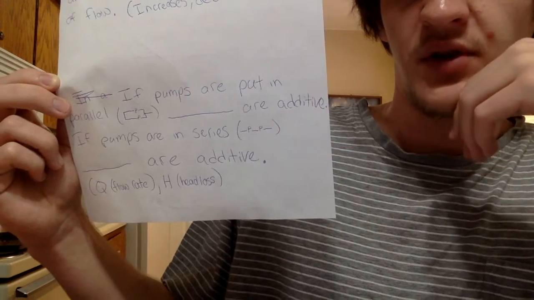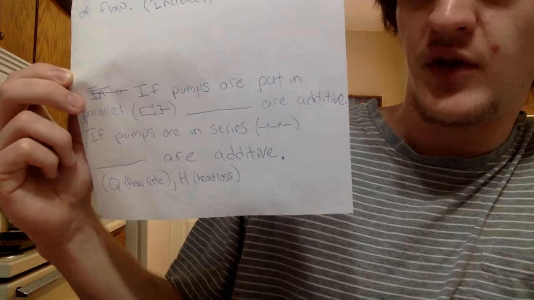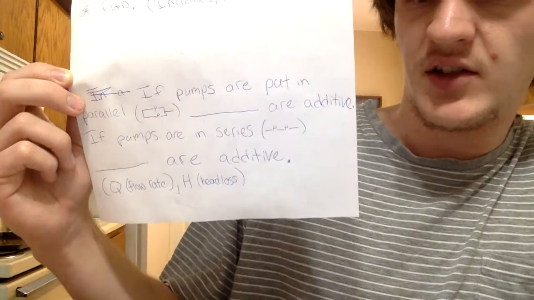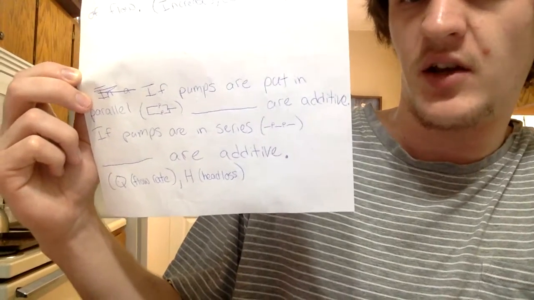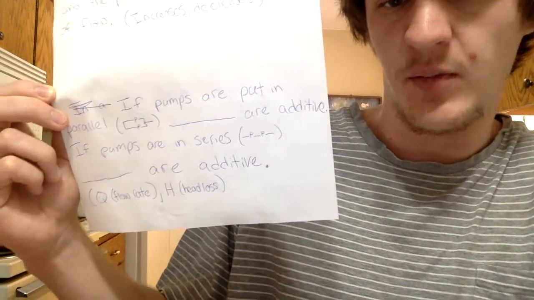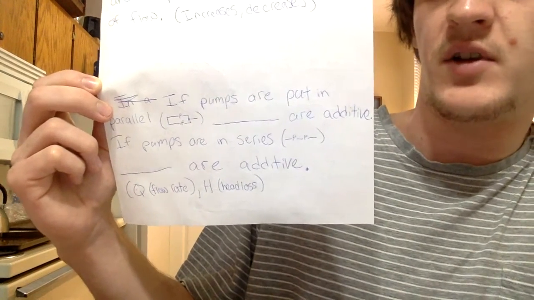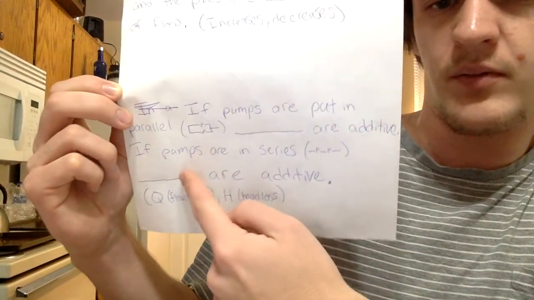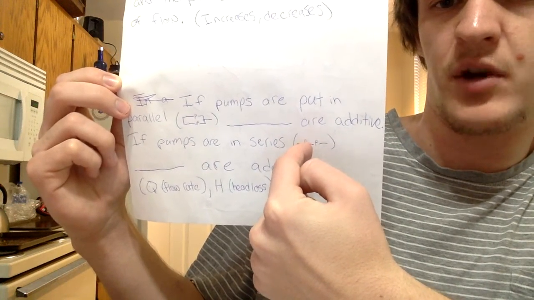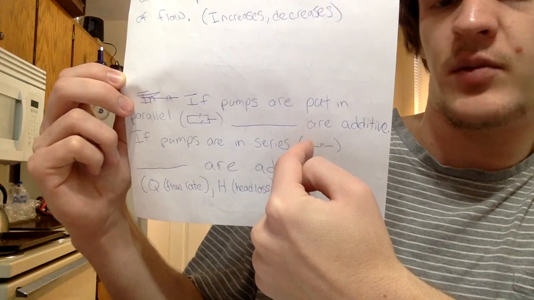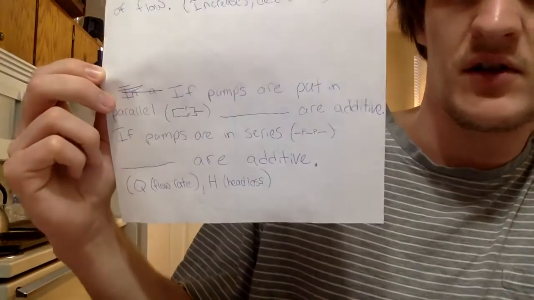For series pumps, the flow rate is the same through both of them, because there's only one in and one out for the first pump, and the same for the next pump. But the head losses you add, because once you're done with the first pump, that friction loss has already been applied, it's still applied before the second pump, and then the new head loss is applied again.